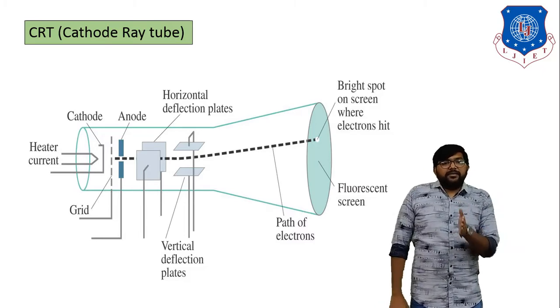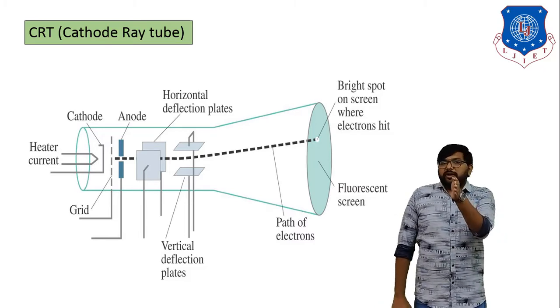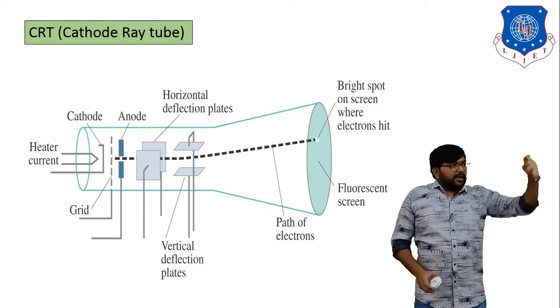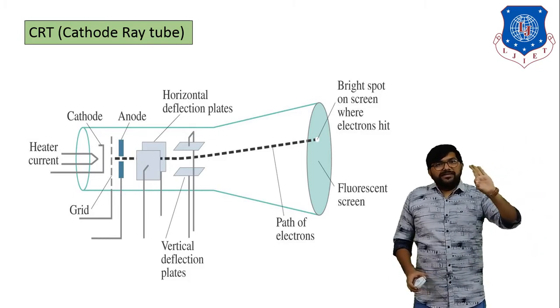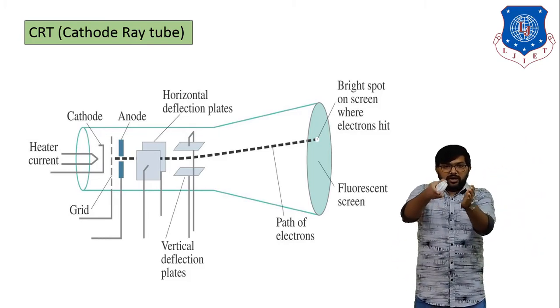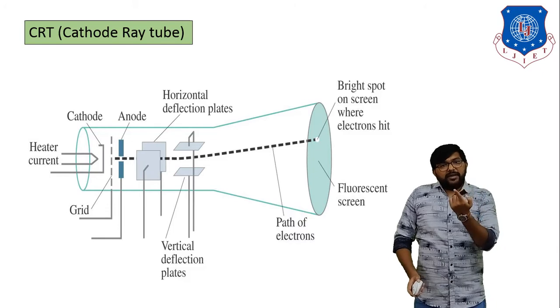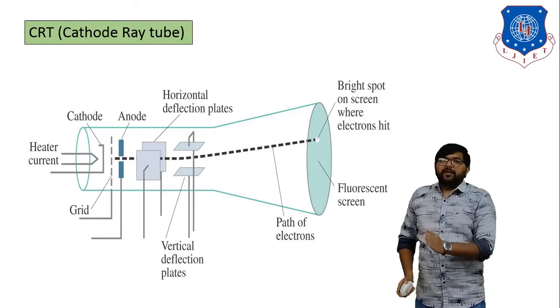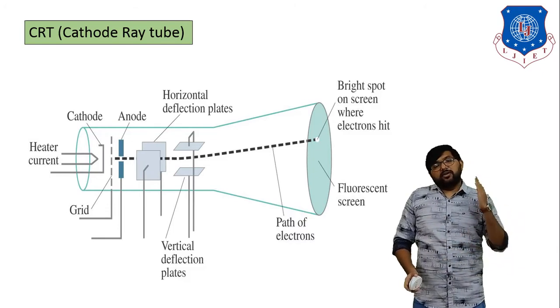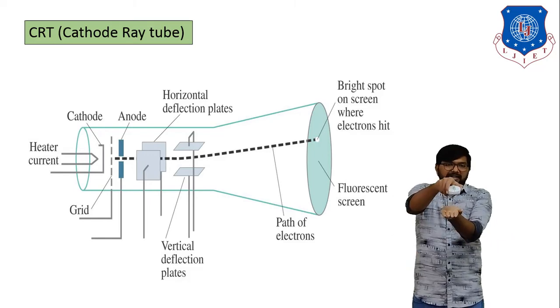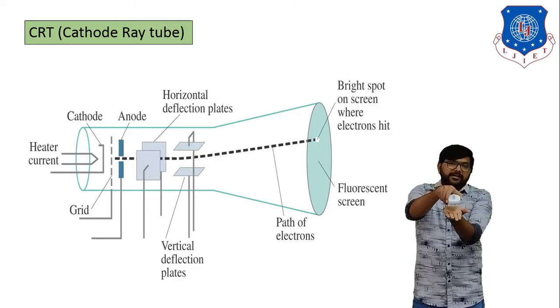Okay. After that the component is the horizontal deflection plate, that means once the electron beam comes, the horizontal deflection plate moves the electron beam in the horizontal direction. After that comes the vertical deflection plate, which moves the flow of electrons in the vertical direction.